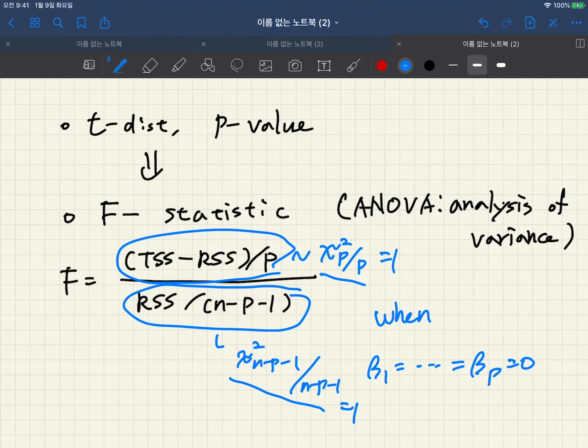So when there is no correlation between the input and any predictors, we can say that the F value will be very close to 1. When your F statistic is close to 1, you can say there is no correlation between input and output.